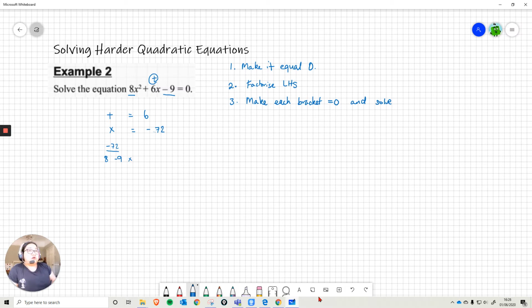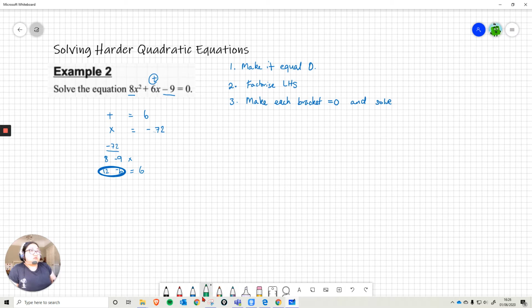So I know another factor pair that will give me 72 will be 12 and 6. And if I make the 6 negative and I add these 2 numbers together, 12 add negative 6, that will give me the 6 that I want for them to add together. So this will be the factor pair that I'll be using.